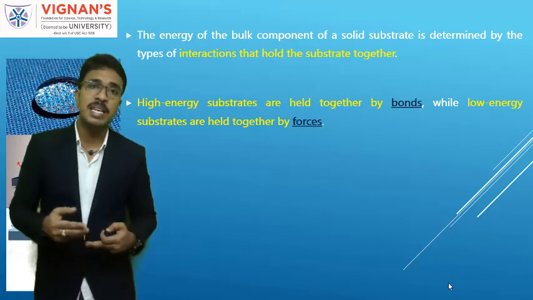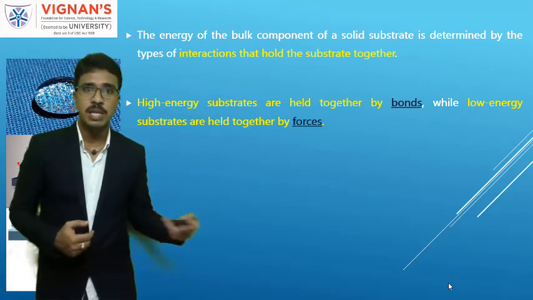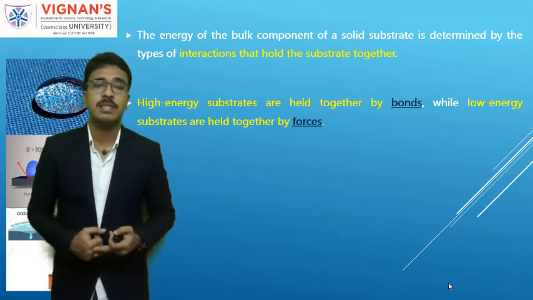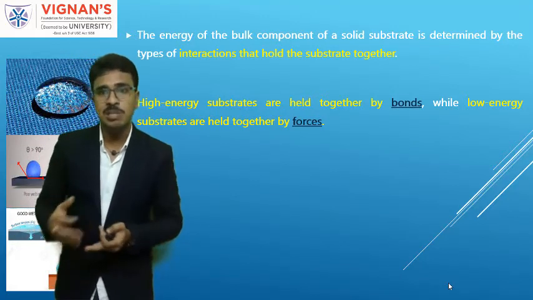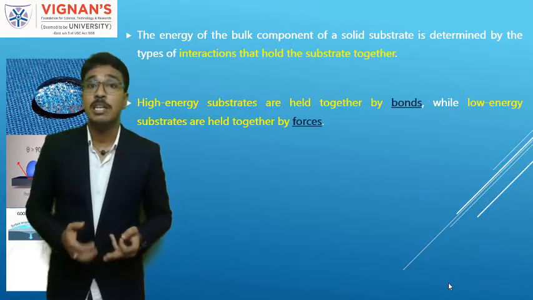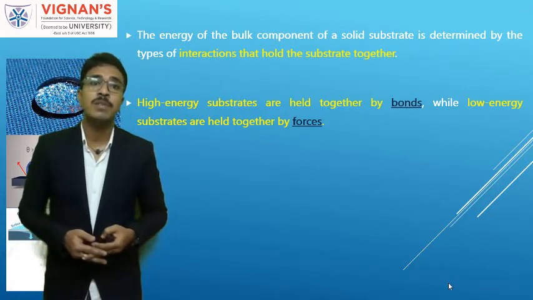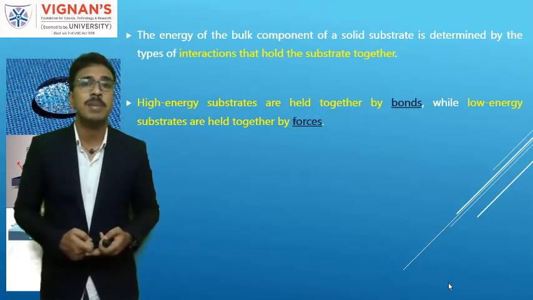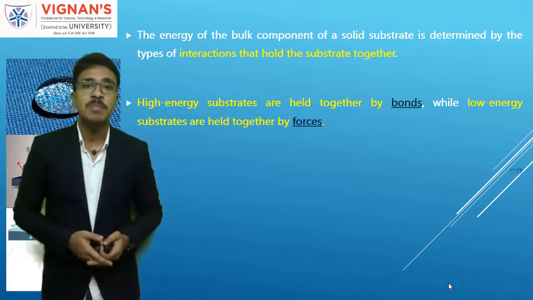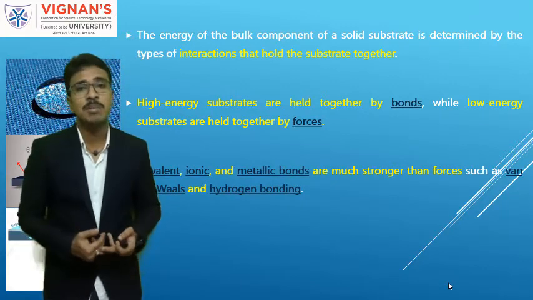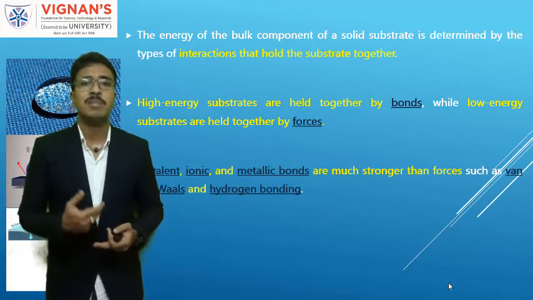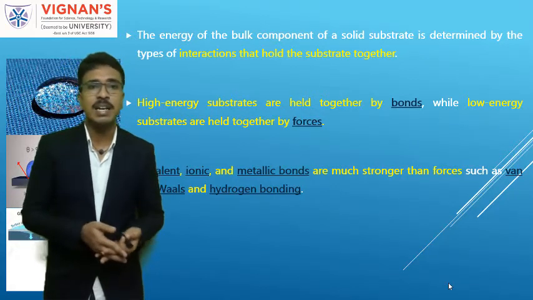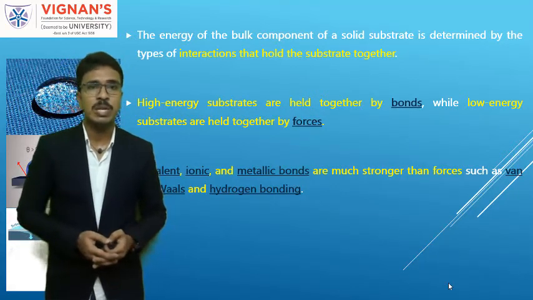In the last slide we saw that high energy surfaces are held together by bonds, while low energy surfaces or substrates are held together by forces. Covalent bonds, ionic bonds and metallic bonds are much stronger than forces like van der Waals forces and hydrogen bonding.